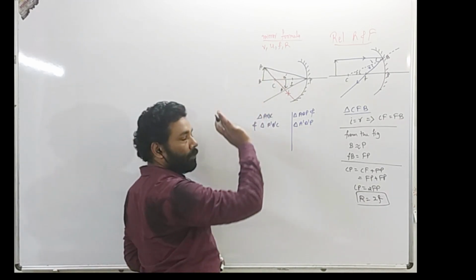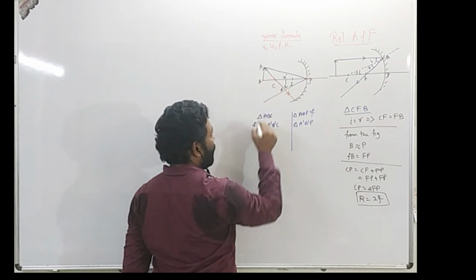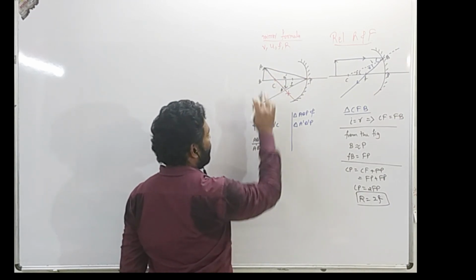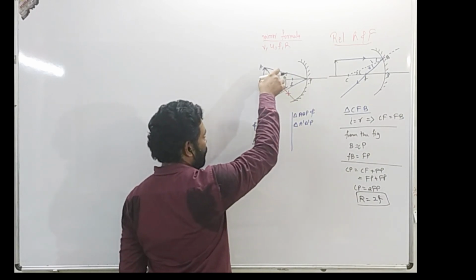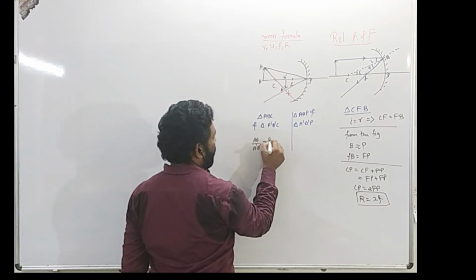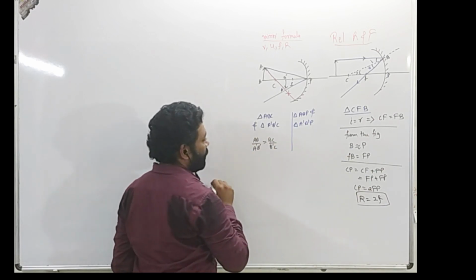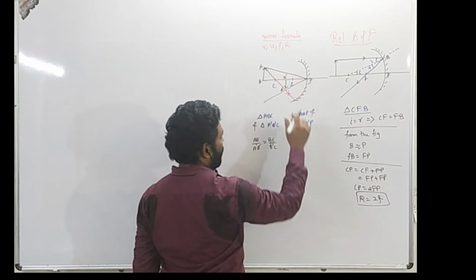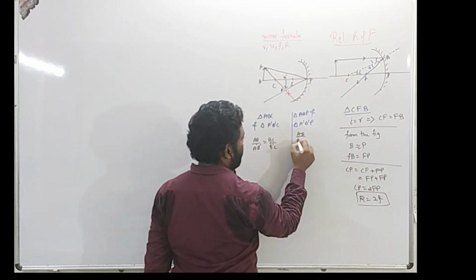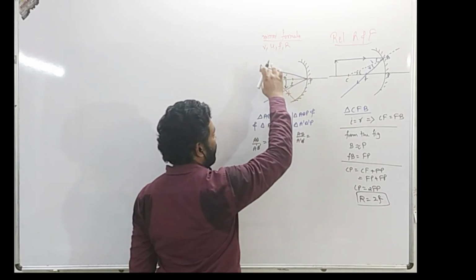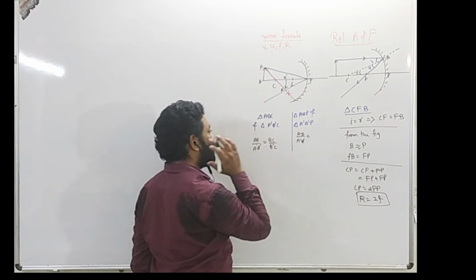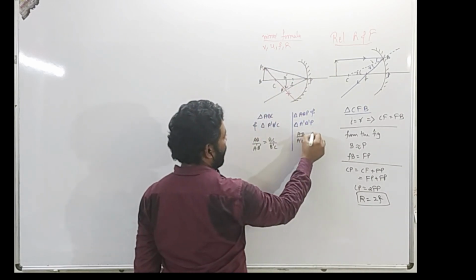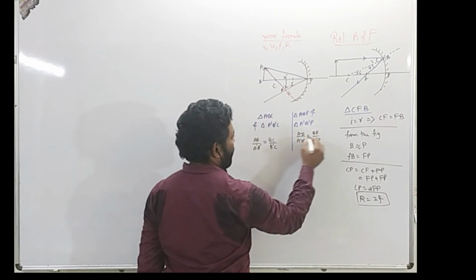And so for these triangles we can write AB by A dash B dash is equal to BC by B dash C. On the other side, for these triangles, object upon image, similarity condition, sides are proportional. If the triangles are similar, the sides are proportional. And in this case, BP by B dash P.